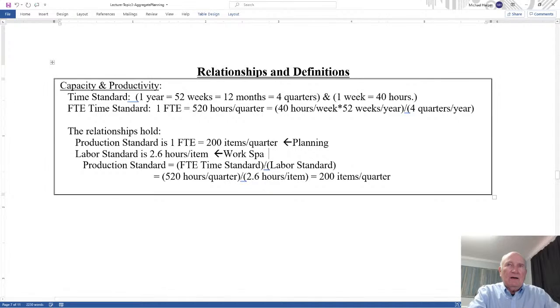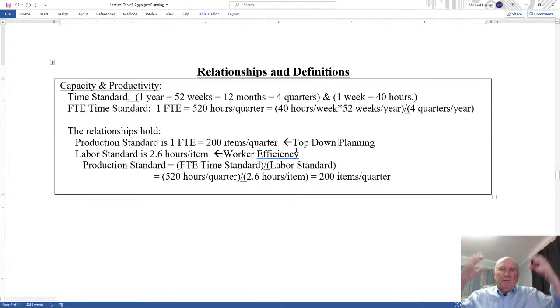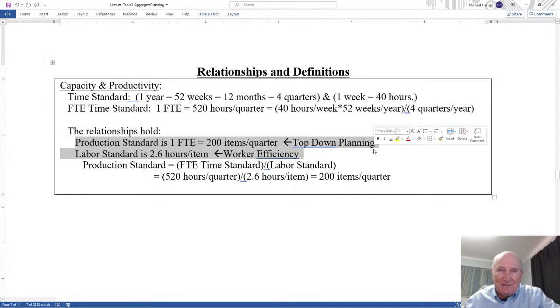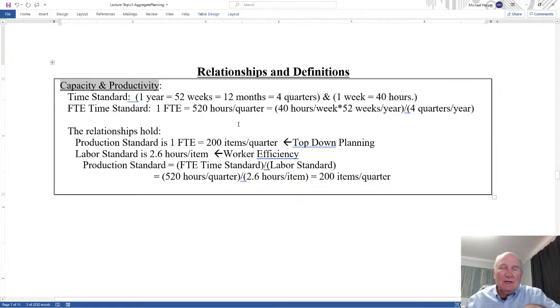This is the worker's efficiency, and this is more of a top-down planning. One's bottom-up, the other's top-down, and so this comes together. This is how you would make things more efficient, and here's how you plan to make sure you meet your demand. This is just getting into worker capacity and productivity.